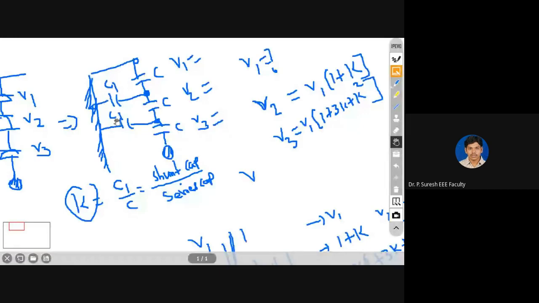We need to increase the length of the cross arm. Then C1 becomes 0, yes or no? Increase the length of the cross arm and C1 becomes 0. So we will increase the string efficiency. Okay, that is one thing.